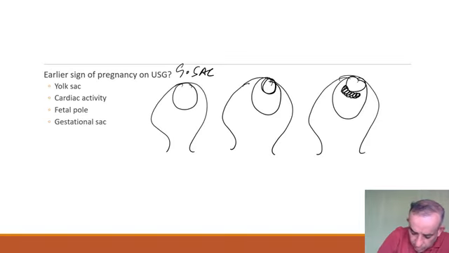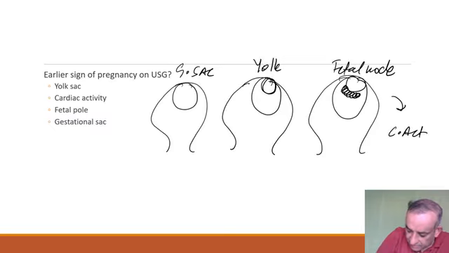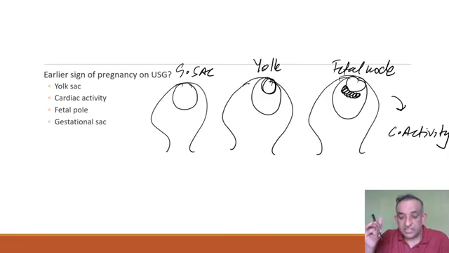We call it a fetal pole. So this is a fetal pole, and this is the yolk sac, and next will show us cardiac activity in the fetal pole. So what is the first sign? The gestational sac. Gestational sac, yolk sac, fetal pole, cardiac activity. That's the stage of progress of the fetal development.